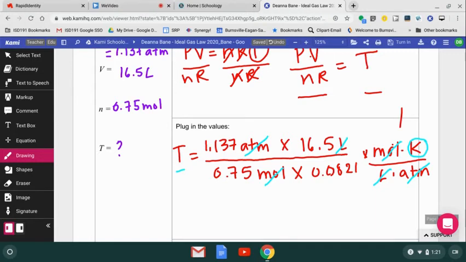And we've got a couple of ways that we can do this. The way that I see students do it the most often is to multiply 1.137 times 16.5, and that would be 18.7605, and then divide it by 0.75 times 0.0821, and that product is 0.061575.